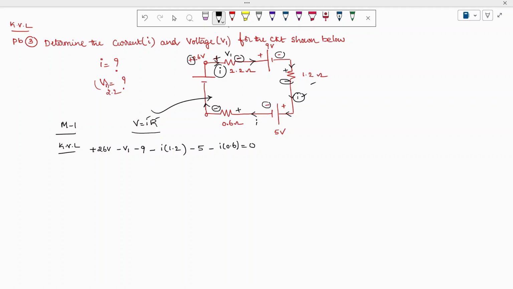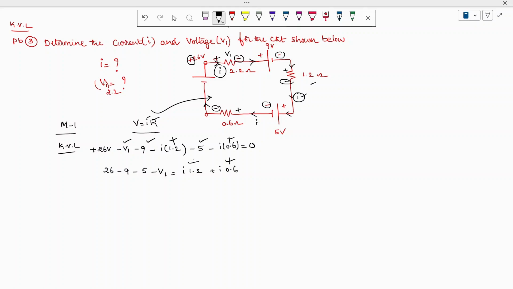I am moving all these terms to one side. So 26 minus 9 minus 5 minus V1. These two I have written on this side, and I am taking I common, which is I of 1.2 plus I of 0.6.